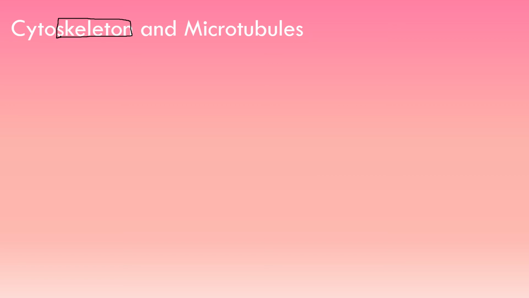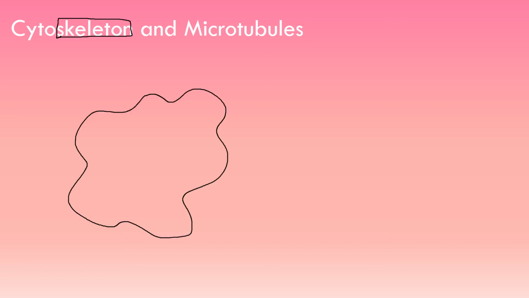So if we drew a cell like this, then all the way throughout it there are proteins that span the network and the cytosol, which keep it in an agreed structure, and they mostly lead to the nucleus, first of all, to keep its shape.